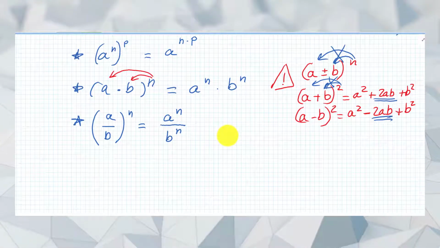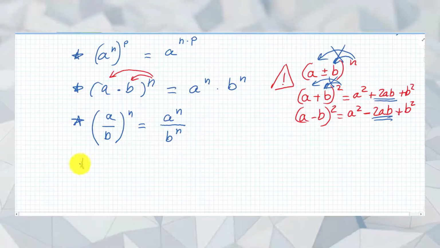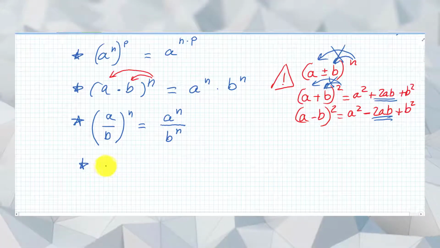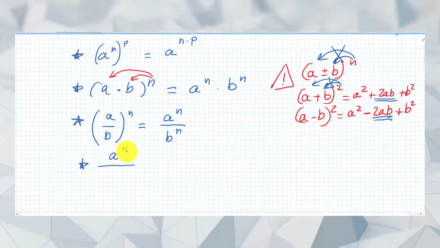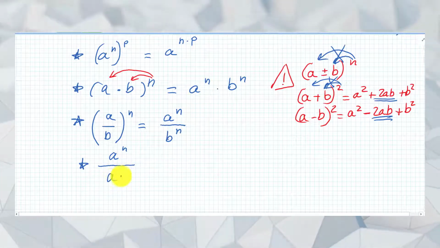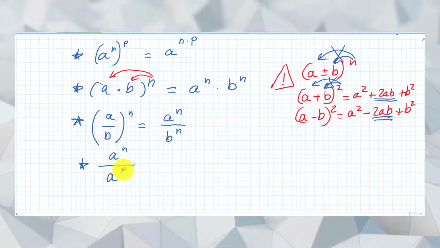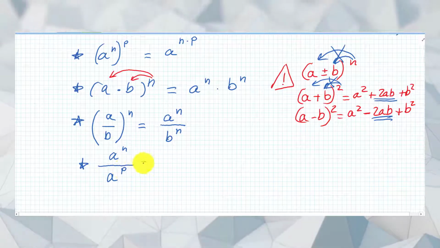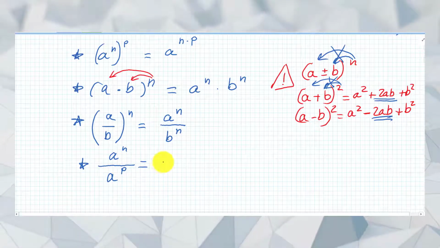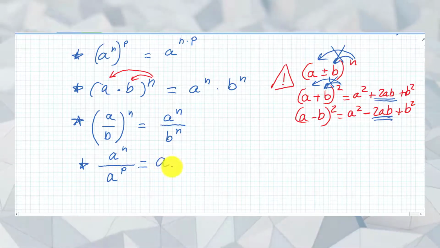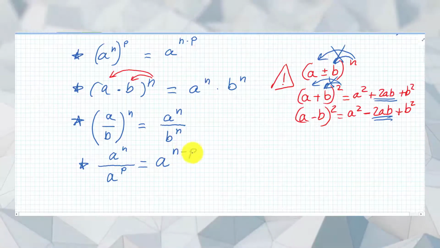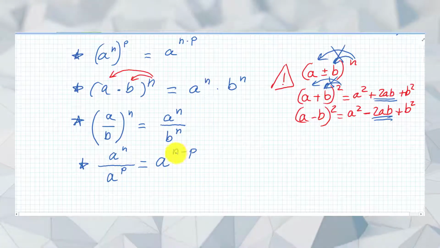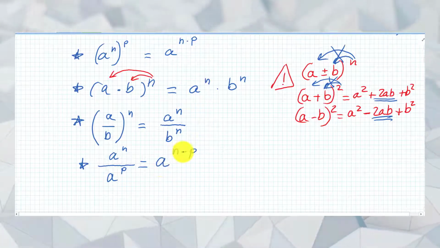Finally, the last property we have not often used, but you should have studied before. What happens when you take the ratio of two exponentials with the same base, a to the n over a to the p? In this case, you will find an exponential with base a, and the exponent is the difference of the exponents, n minus p: a to the n minus p.